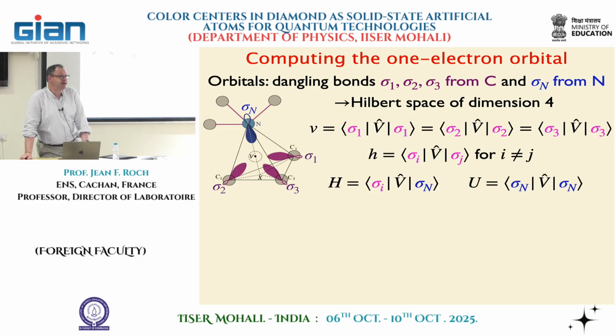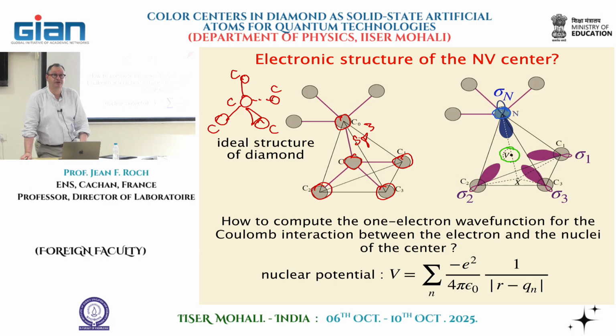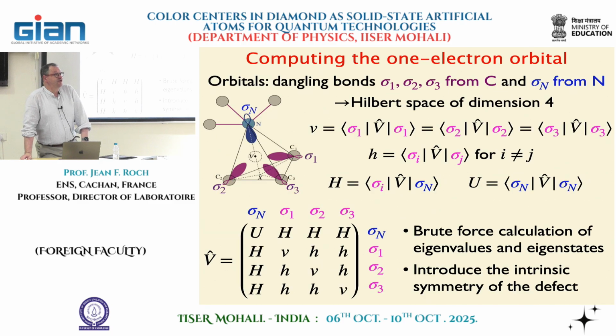And now I just need to compute the Hamiltonian, the matrix elements for this nuclear potential. And once I have done that, I can look for the eigenstates and eigenvalues, and then I will have solved my problem somehow, at least for the ground state.